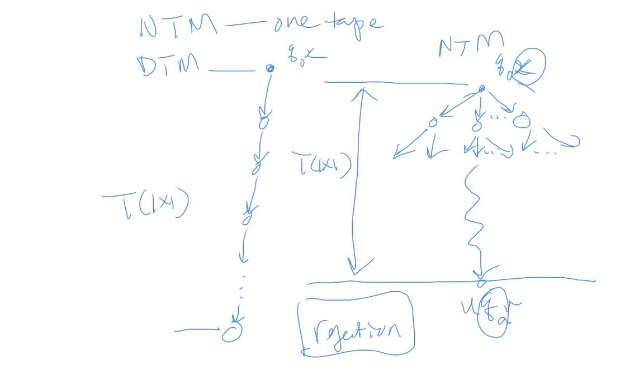In other words, this non-deterministic computation with a time bound T has the following property: it is easy to verify.